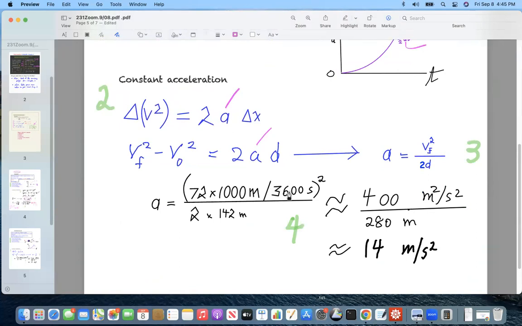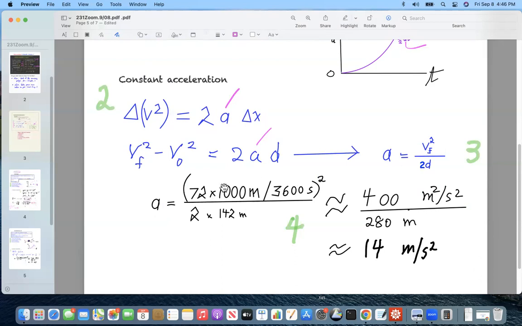An hour is 3,600 seconds. So to travel a kilometer, it would take 3,600 seconds. So this is its speed. This is its unit. 72 kilometers per hour. But I've converted the length to meters and the time to seconds, so that I'll get a standard unit as the answer.